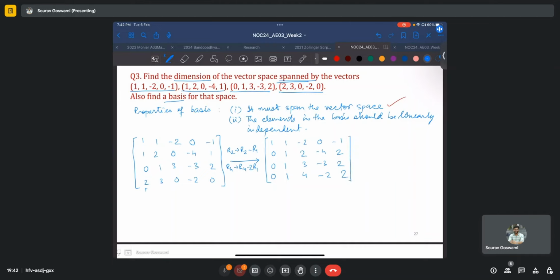Okay, now we continue. Now we would like to eliminate these elements while keeping R2 untouched. So for the next set of operations, R1 is untouched: 1, 1, minus 2, 0, minus 1. R2 is 0, 1, 2, minus 4, and 2. Now R3 minus R2, and similarly for R4.